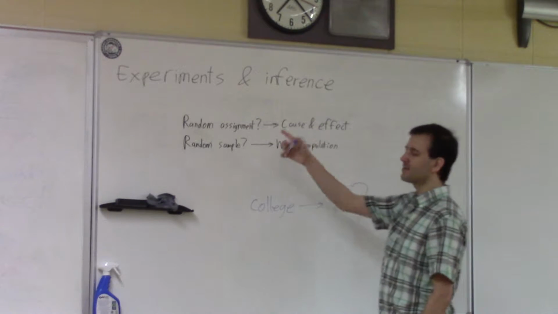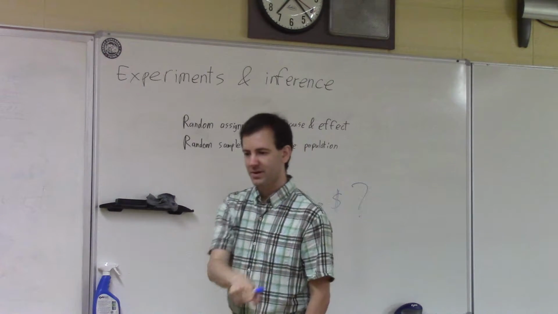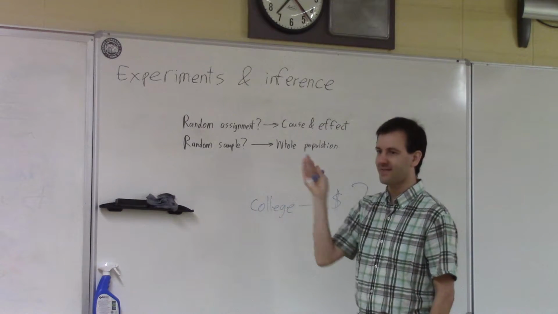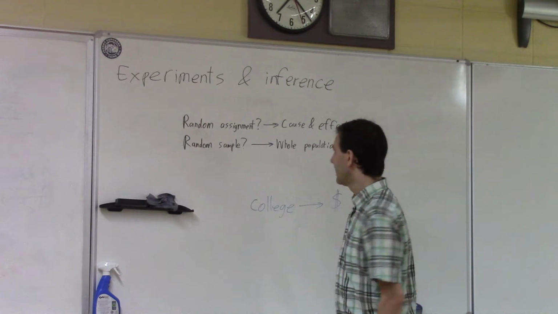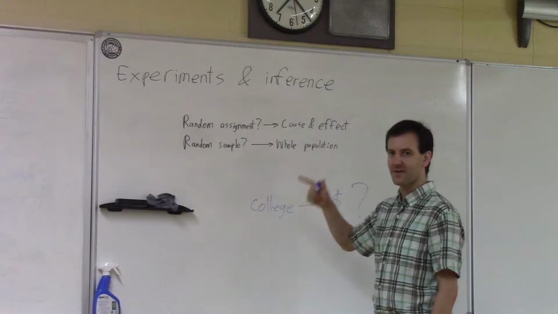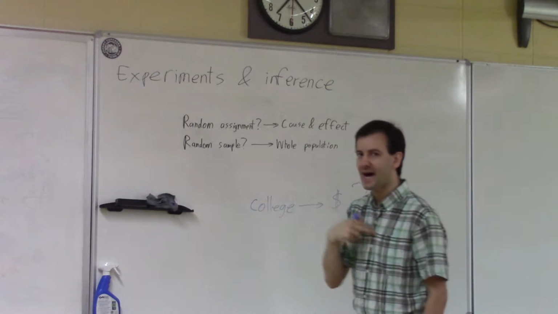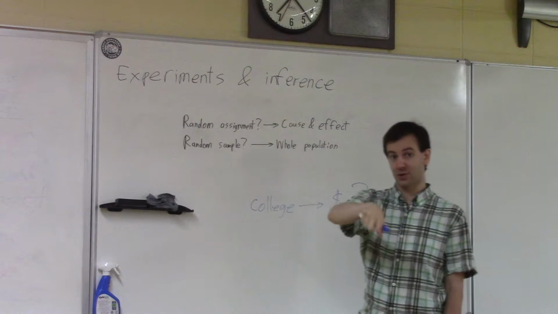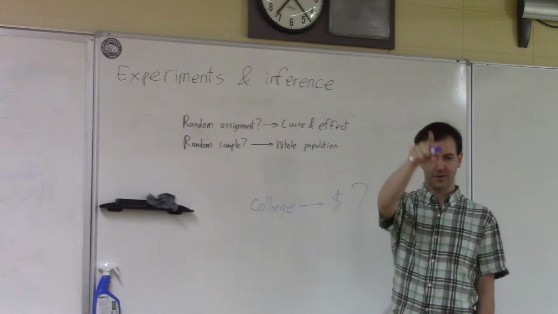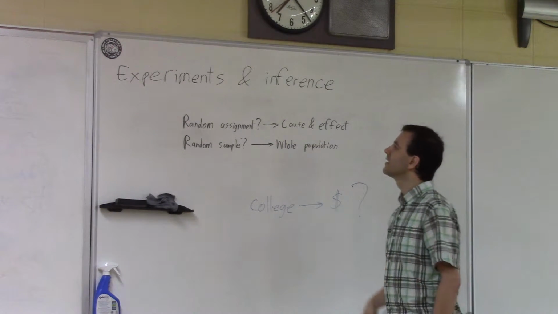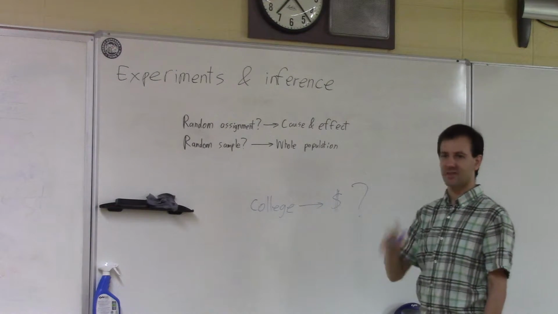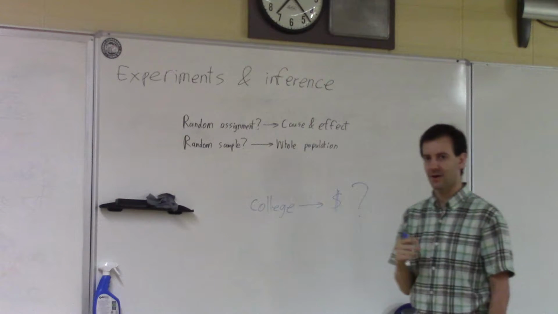If I randomly assign half of them to go to college, flip a coin for each one, half of them end up going to college, half of them end up not going to college based on what I impose on them. If I'm able to assign them to the different treatments, you go to college, you not, then if I notice a difference in earnings afterwards, I can establish that there is a cause and effect relationship here.